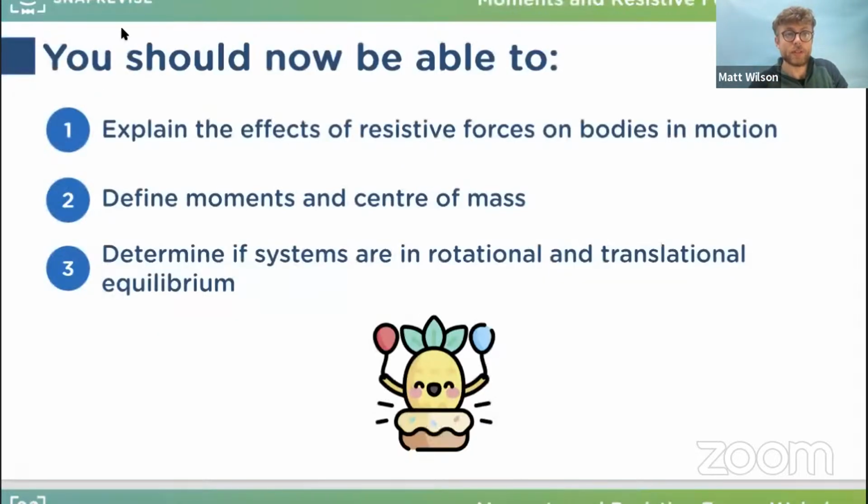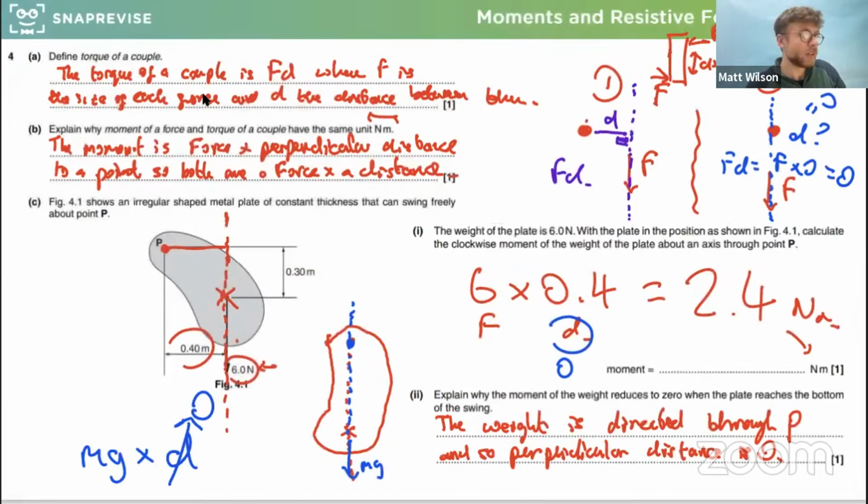That was the key thing here. The line of action in part 2 here always goes through the weight, but the point is that the smallest distance is 0 when the line of action goes through this point, the point you're taking moments around.